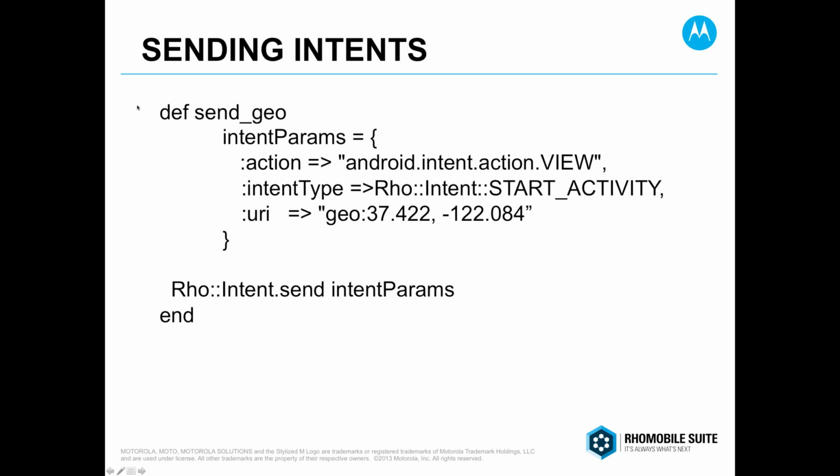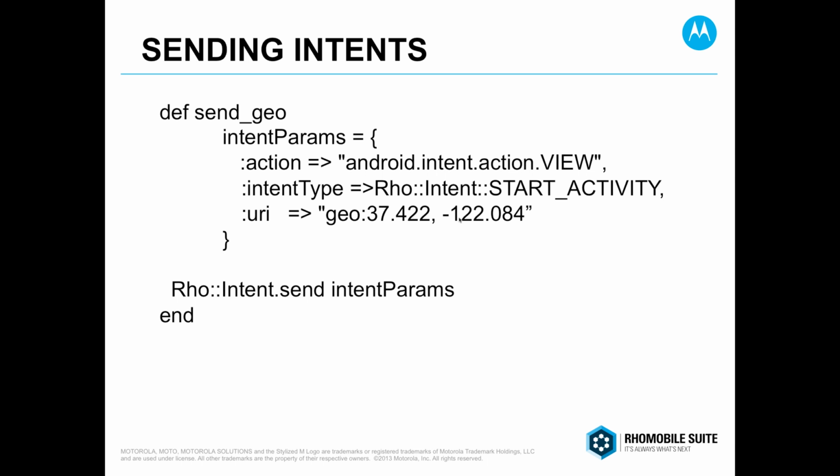So with those caveats aside, here's a simple example of sending intents. This is the method that you would write in your app. It's a small Ruby method, and you can see that what I'm forming is a hash. I give the action android.intent.action.view. I give an intent type to start activity, and then I give it a URI that happens to be a geo colon with a lat long code, so sort of a URI scheme just around mapping.